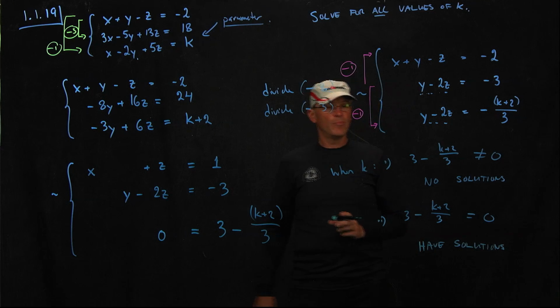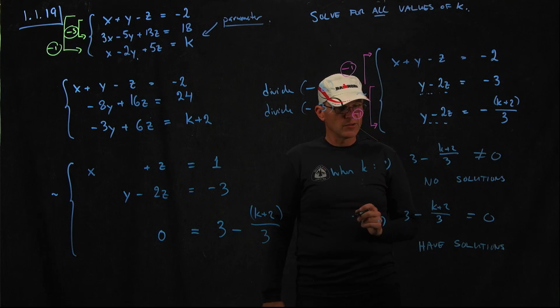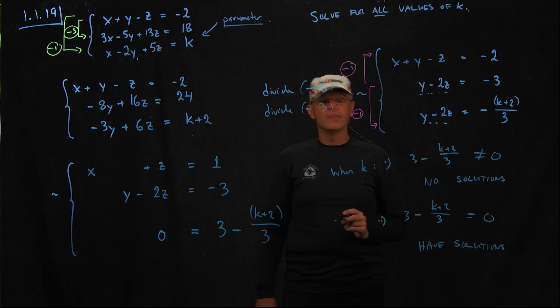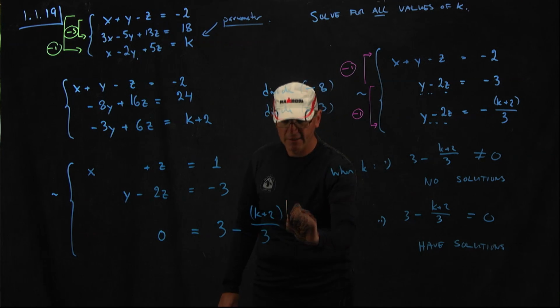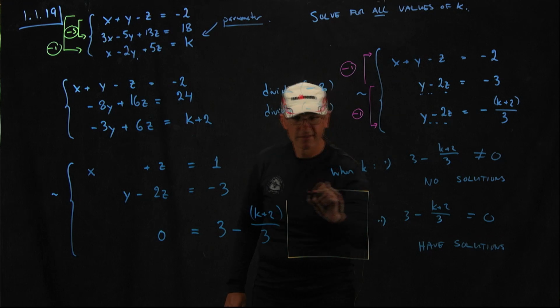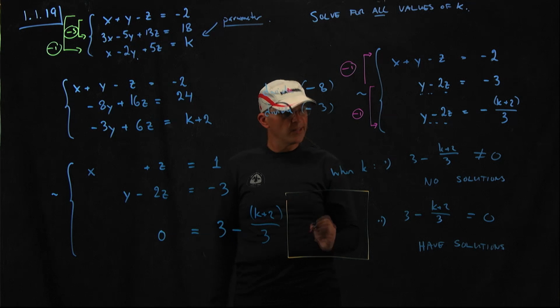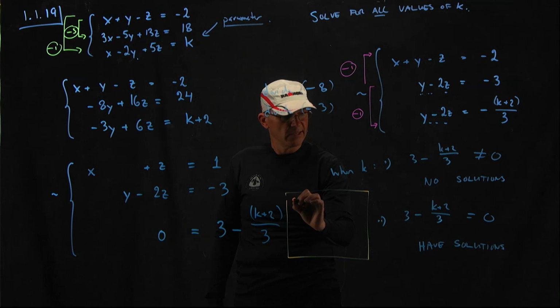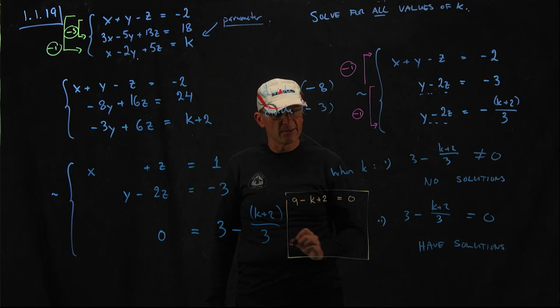Alright, so part of our answer, right, is that we have to solve for k here. So let's do that. Kind of our little side box here, or middle box. So what do we do? Let's multiply through by 3, right? So we have 9 minus (k plus 2) equals 0.